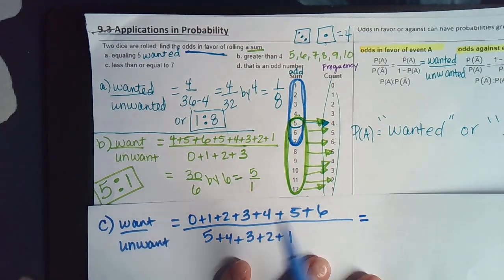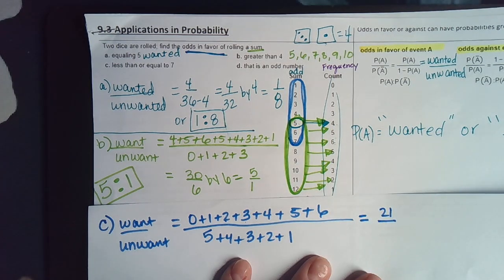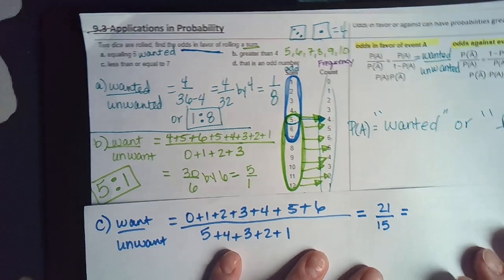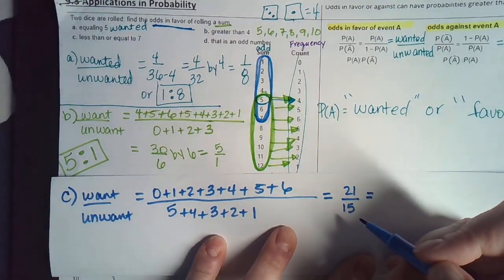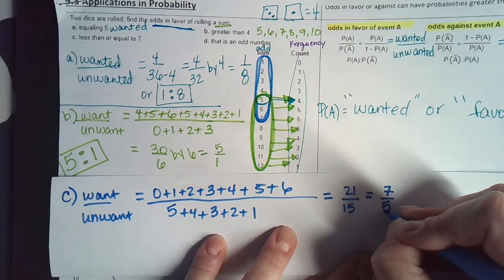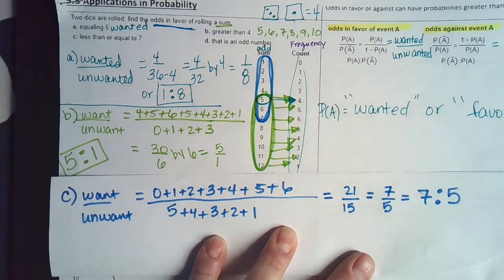Okay, so on the top we get 11, 15, 18, 20, 21. And on the bottom we get 15. Okay, and then if I reduce by 3, I think it makes 7 over 5. So it would be 7 to 5.